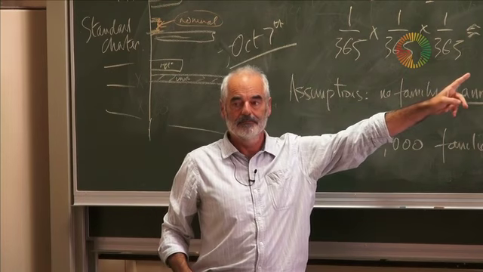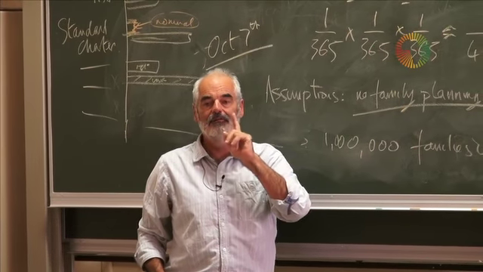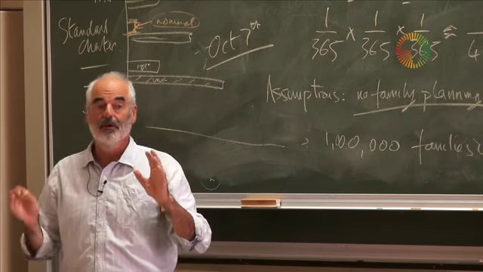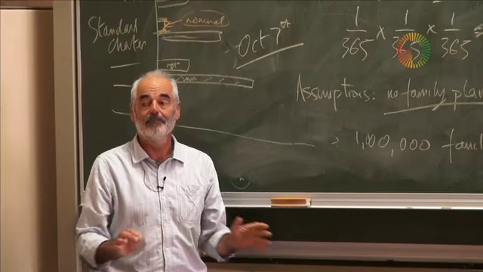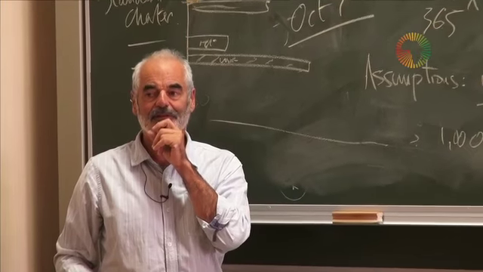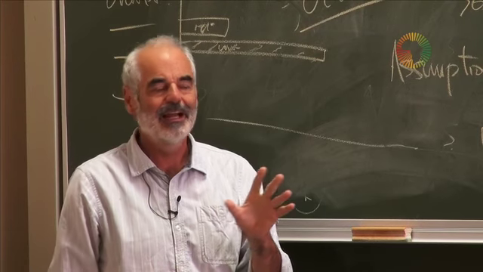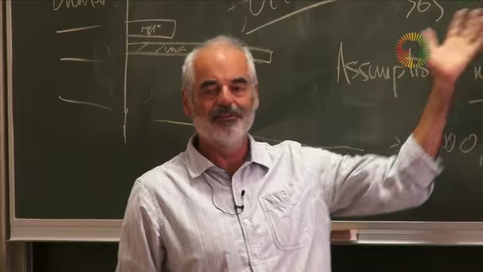This would be the answer. But that's not what they're asking. They're just saying, what's the probability of 3 children being born on the same day? Not the probability of 3 children being born on October the 7th. Do you see the difference? And if we do that, how would that change this calculation?